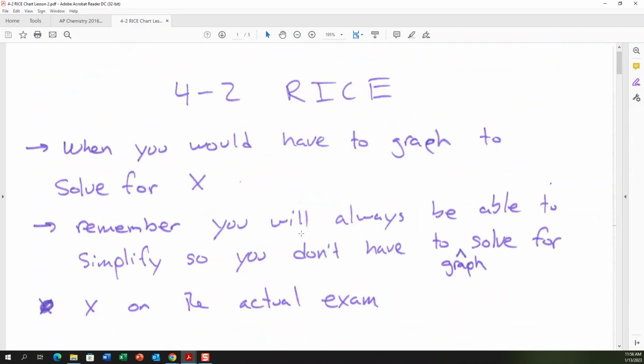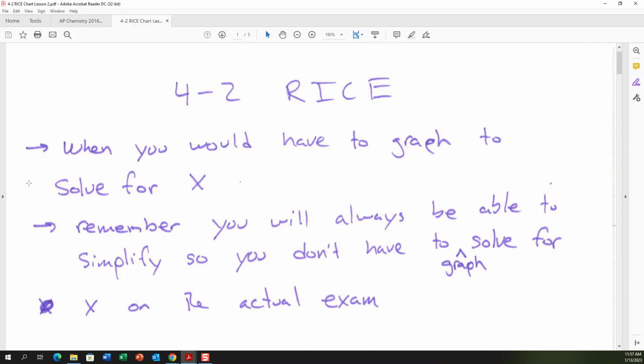But the main thing is seeing another use for our RICE chart, and also understanding that if you're ever in a situation where you think, the only way I can answer this question is by graphing to solve for x, think about it a little bit more and go, wait a minute, is there a way I can simplify this so that I don't have to graph to solve for x?